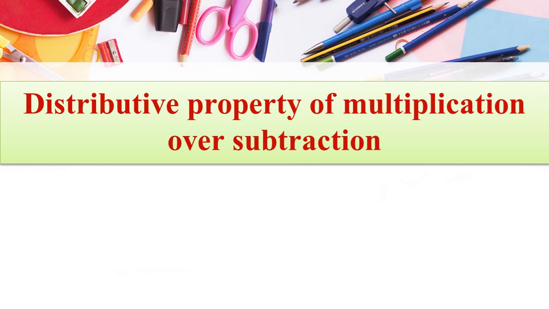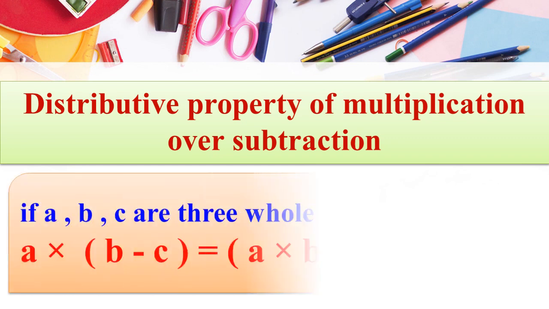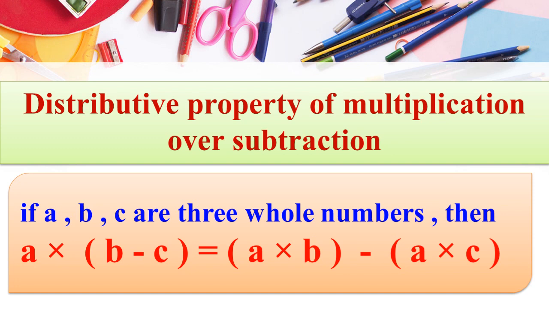Therefore, distributive property of multiplication over subtraction is: when a number is multiplied by the difference of two numbers, it is equal to multiplying each of the two numbers by it and finally taking the difference of their values. That is, if A, B, C are three whole numbers, then A into (B minus C) equal to A into B minus A into C.